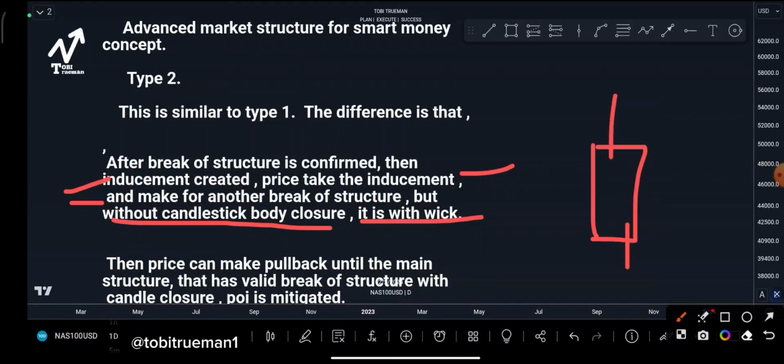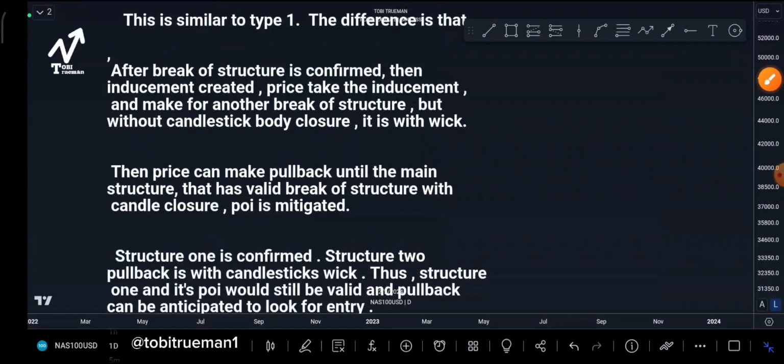If it is a bullish market trend, we want price to close above the points where we are expecting break of structure, right? But in this case, price will just wick it with this candlestick, meaning price wicked it, and as such, let's continue. You understand it now?